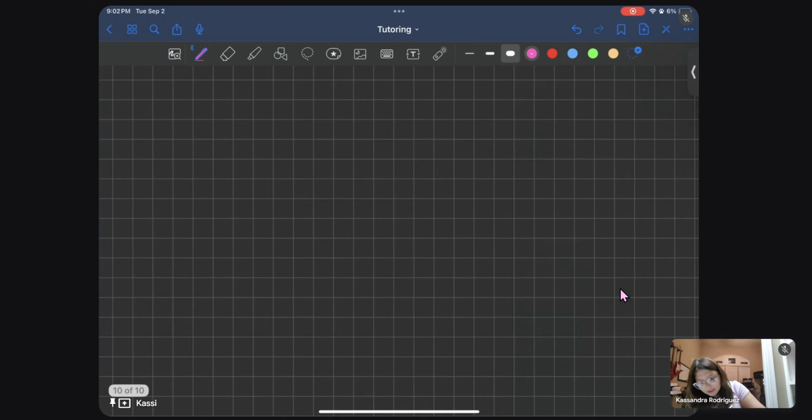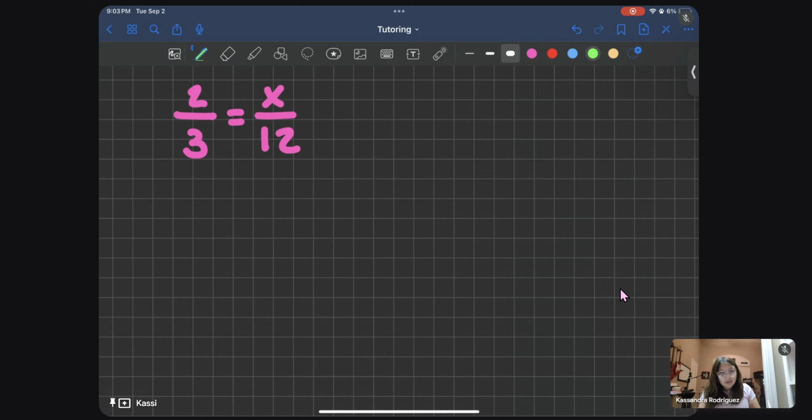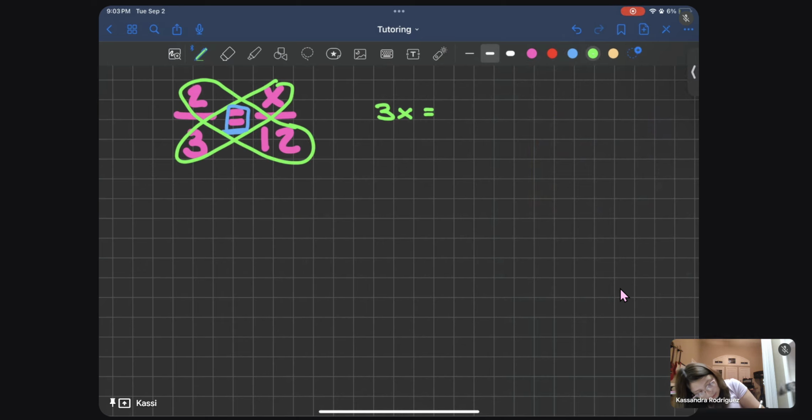Another example of proportions would be 2 over 3 is equal to x over 12. So let's work through this one together. 3 times x equals 2 times 12, which would be, you guessed it, 24.